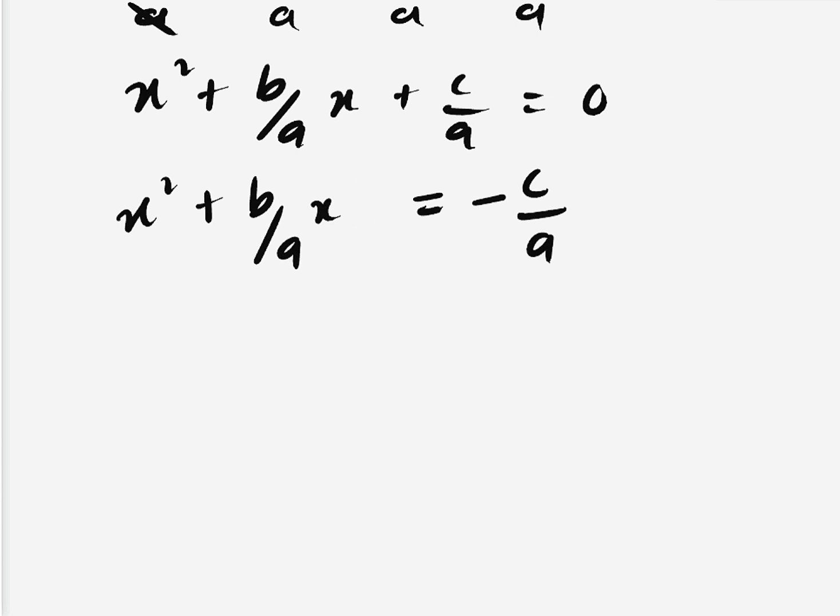Now we have this side free of a constant. So now we're going to introduce a constant to it. How do we add a value that will make this a perfect square?